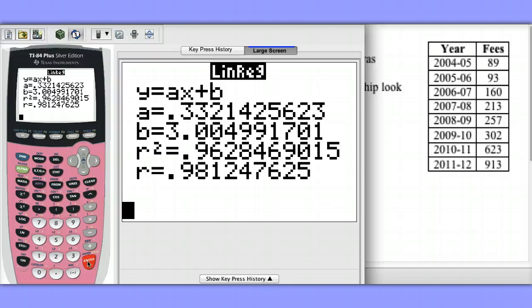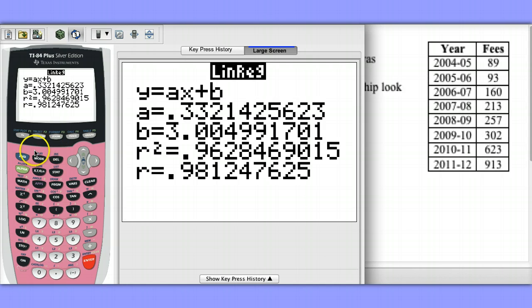The equation would be natural log of fees hat equals 0.332 times year. And remember, our year is actually the number 4, 5, 6, 7, 8, 9, 10, or 11, corresponding to the last digit of the year in our list. And then our y-intercept is about 3.